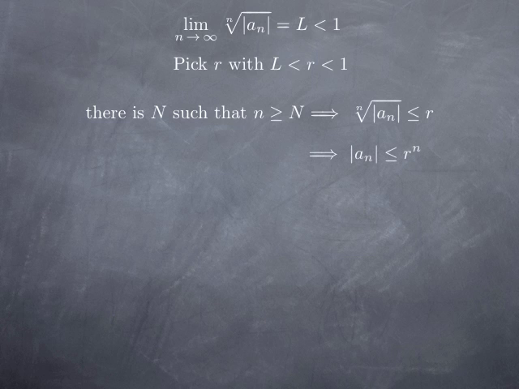That rephrases as the absolute value of a_n being bounded above by r to the n. And the series of r to the n is a convergent geometric series, and we can get it started at the value of n that makes this inequality true.